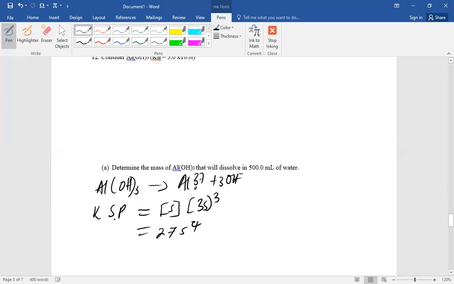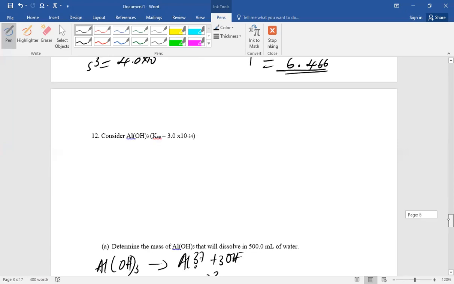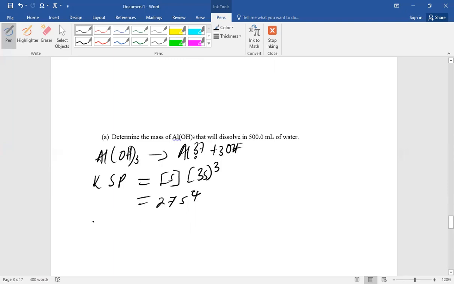This is now the KSP. The KSP was given as 3.0 times 10 power negative 34.